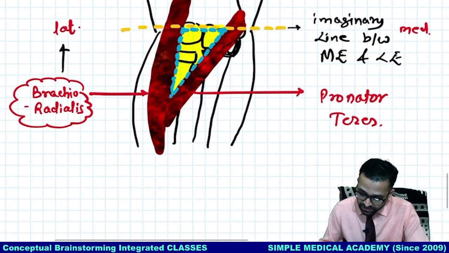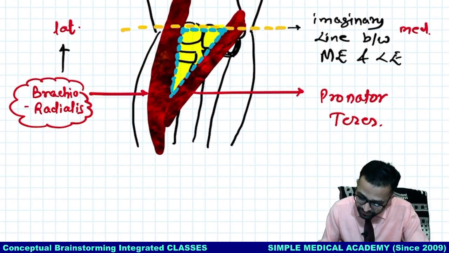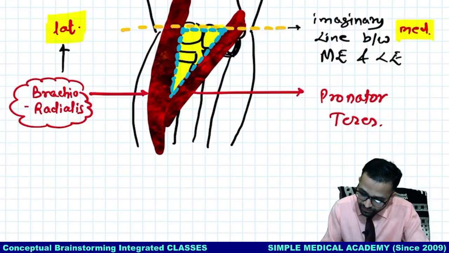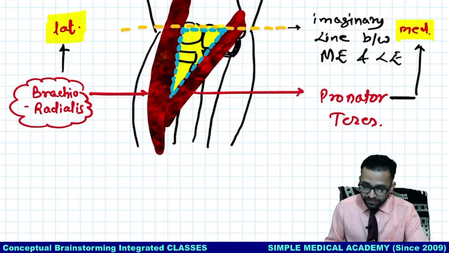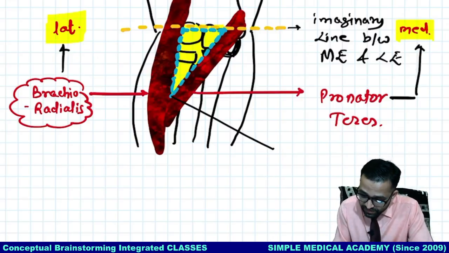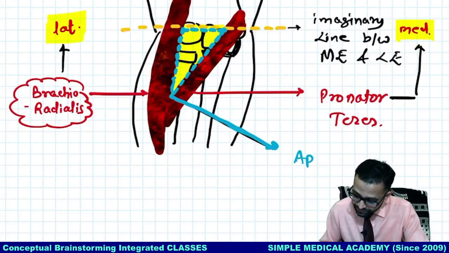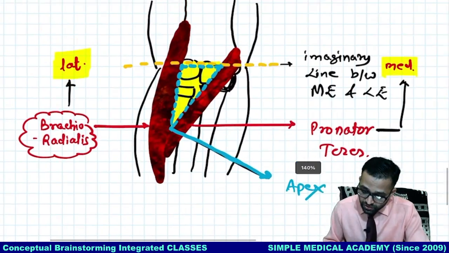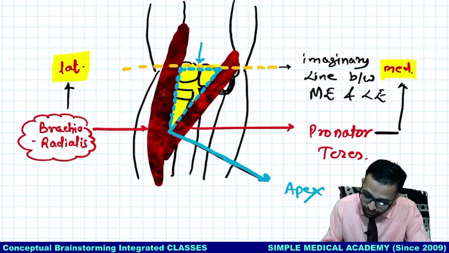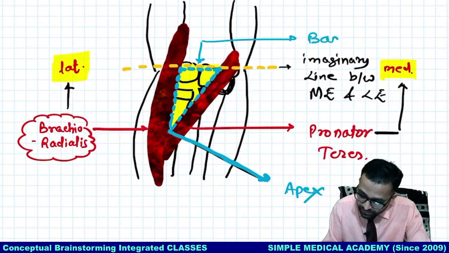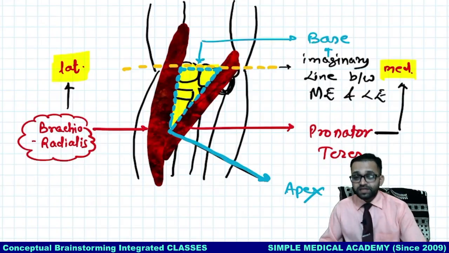The pronator teres is making the medial boundary, and the meeting point between these two is making the apex, while this particular point is our base, which is formed by the imaginary line.